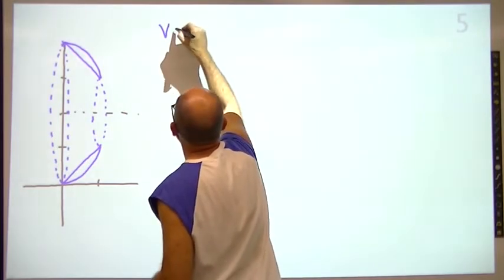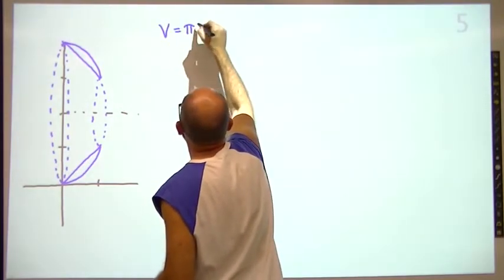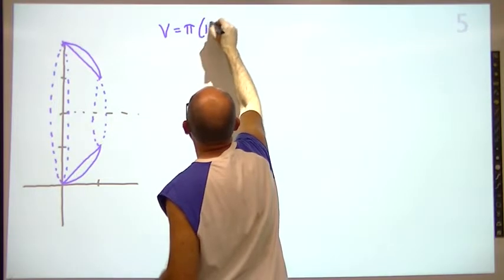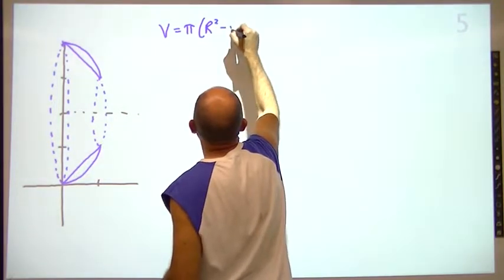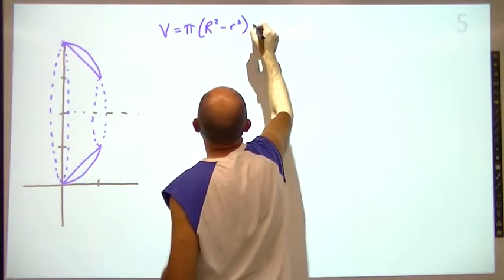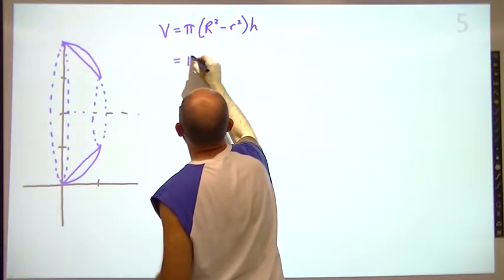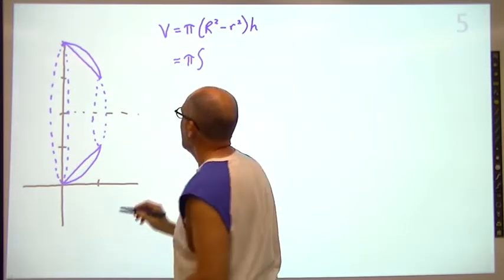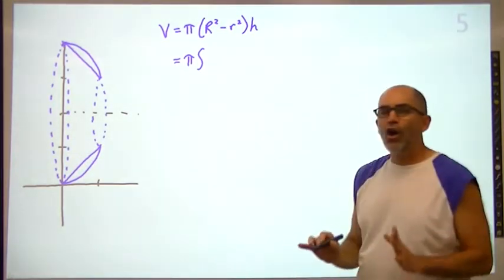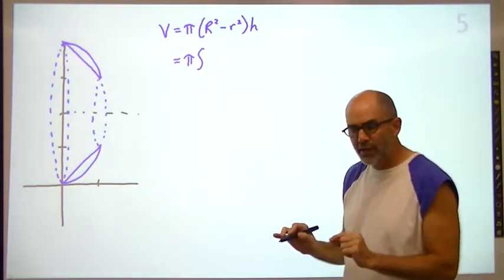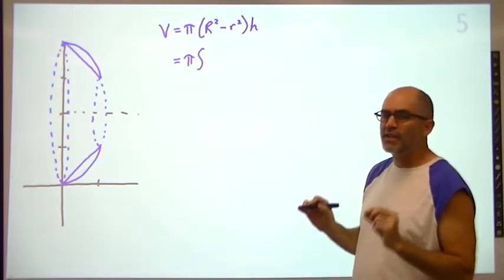The volume equals pi times capital R squared minus small r squared times h. So that equals pi times the integral. Now, notice, are the washers dx thick or dy thick?